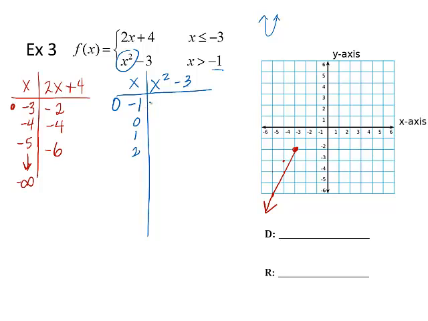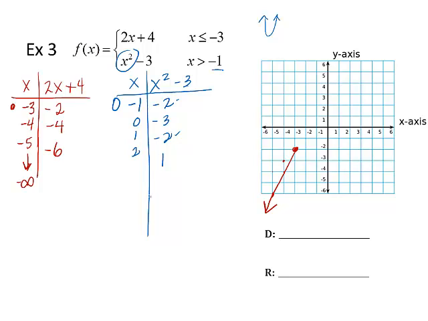So watch what happens. -1 squared is 1, minus 3 is -2. 0 minus 3 is -3. 1 squared is 1, minus 3 is -2. 2 squared is 4, minus 3 is 1. Now notice my y value is repeated. I need that to show the quadratic shape of my graph. So if you have a quadratic, you need to plot as many points as it takes until you see the shape.